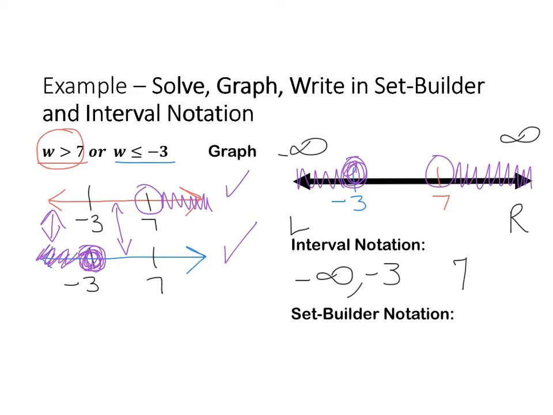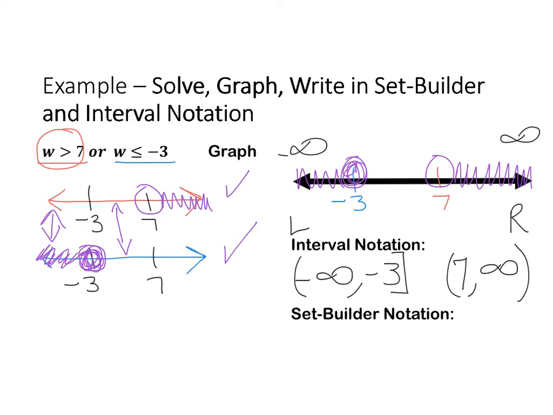But it starts up again at 7 and goes on to the arrow, which is +infinity. This interval notation is a little different. Remember, you have parentheses everywhere except at a closed circle, and at -3 I have a closed circle, so it's a bracket.